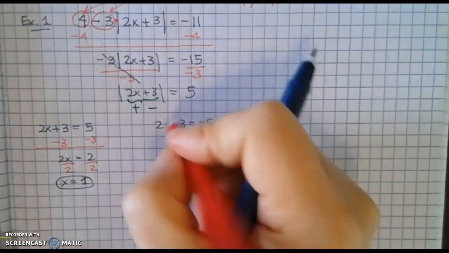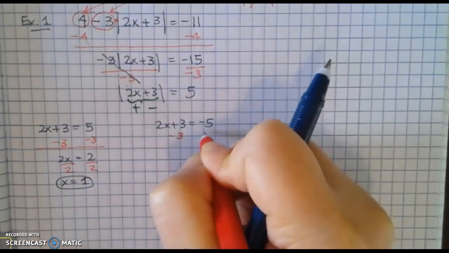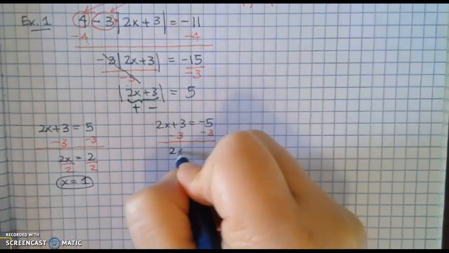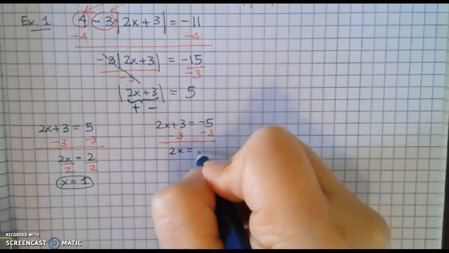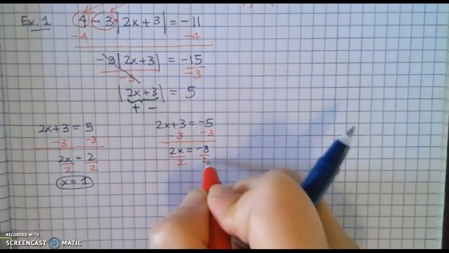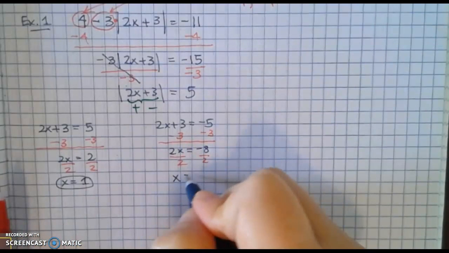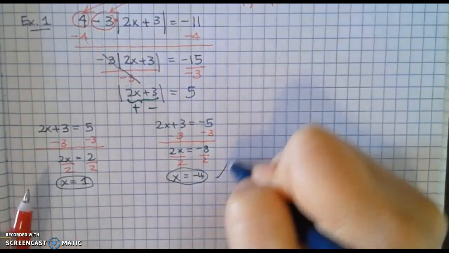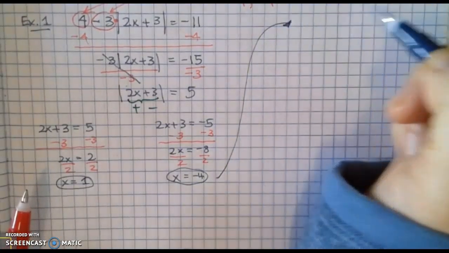And let's do the other side. Minus 3 to both sides, and in this case 2x is negative 8. Divide both sides by 2, and x is negative 4. That's my second solution.